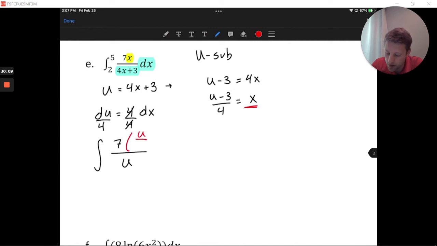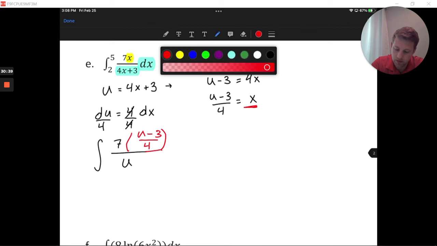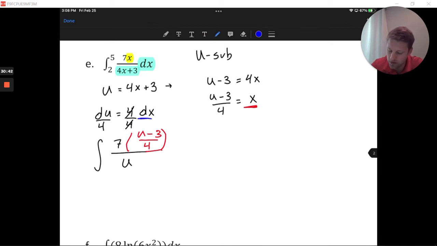So we have u minus 3 divided by 4. And then finally, the dx here is going to be 1/4 times du. So maybe give that a different color here as we go. So this is the dx that we're replacing right here, again, 1/4 times the du.